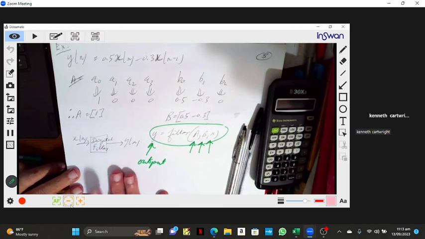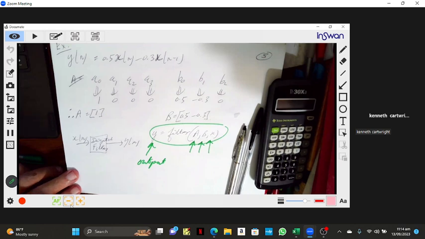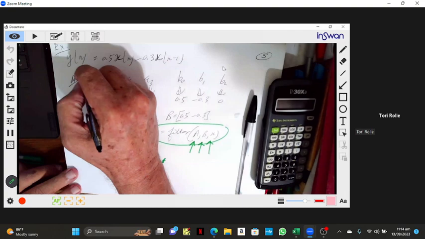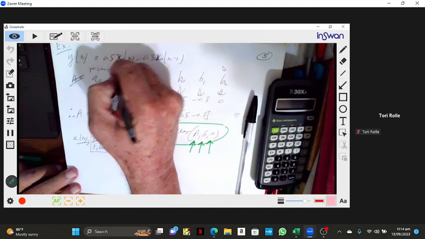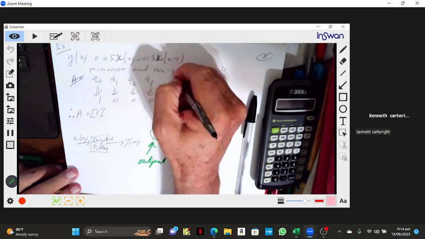What are those two different kinds? Recursive and non-recursive.